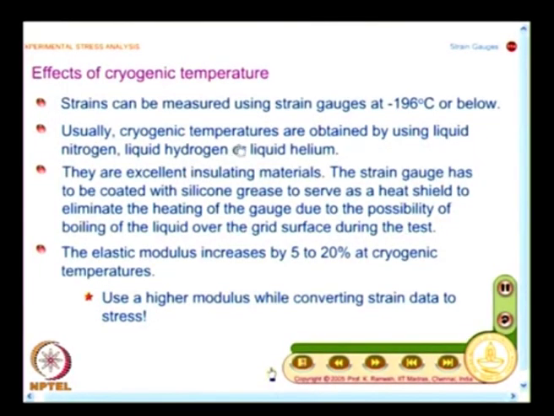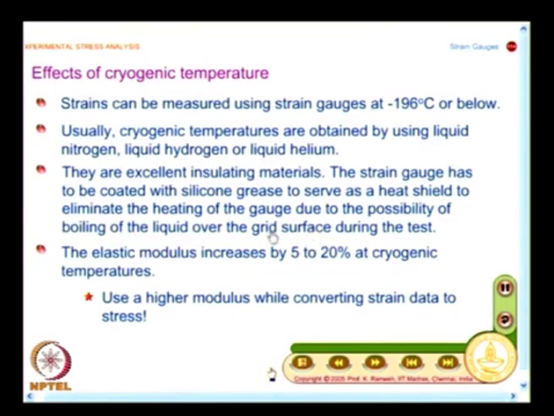Usually, cryogenic temperatures are obtained by using liquid nitrogen, liquid hydrogen or liquid helium. And what happens is, at such low temperatures, they can boil and they should not heat the grid surface.